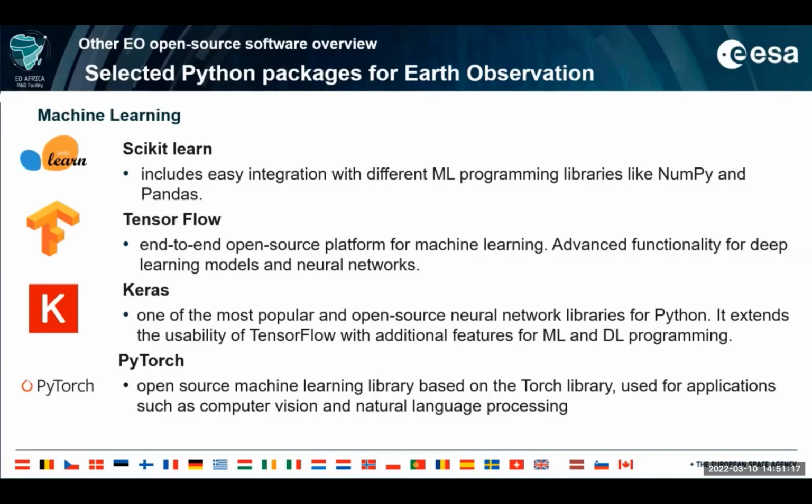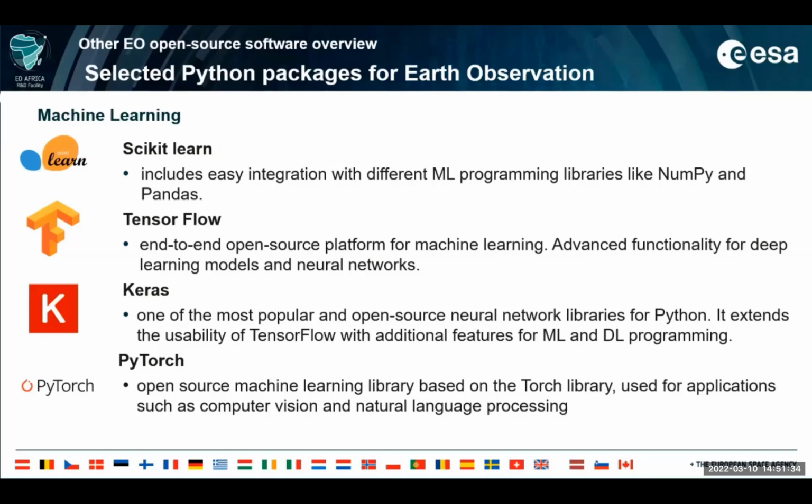It extends the usability of TensorFlow with additional features for machine learning and deep learning programming. And PyTorch, which is an open-source machine learning library based on the Torch library, used for applications such as computer vision and natural language processing.